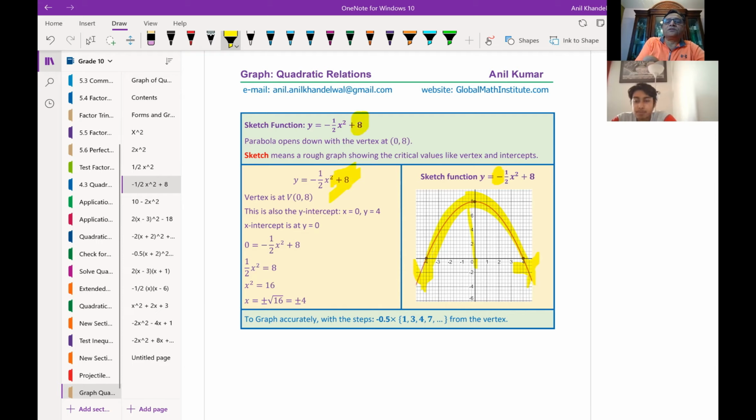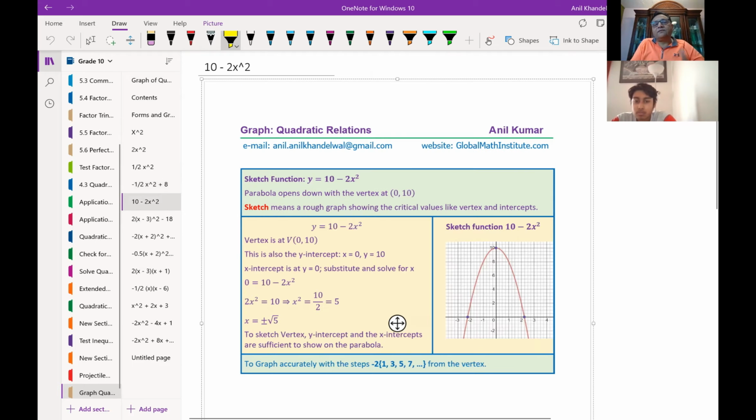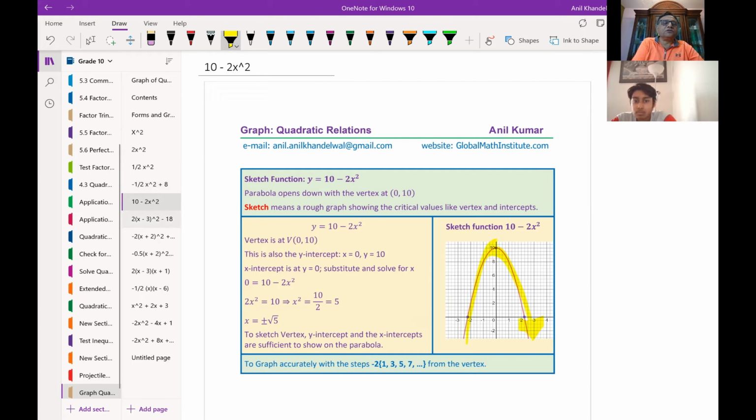That is because of plus 8 here. Now, we could have plus 10 with -2, so it is going downwards. But these are different examples just to show you how we could play around with a, the leading coefficient, and stretch or compress the parabola.